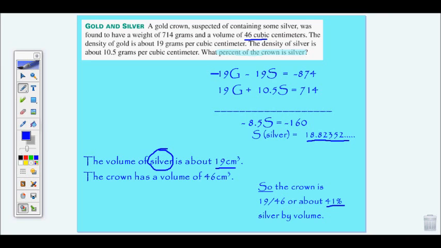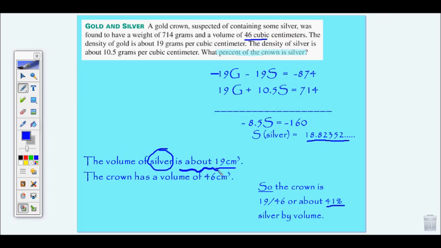I'm going to divide both sides by negative 8.5, and I'll end up on my calculator with 18.82352, and it just keeps going. It is not a terminating decimal. So the volume of the silver is about 19 cubic centimeters. If you remember, we're going to have to use some estimating here.